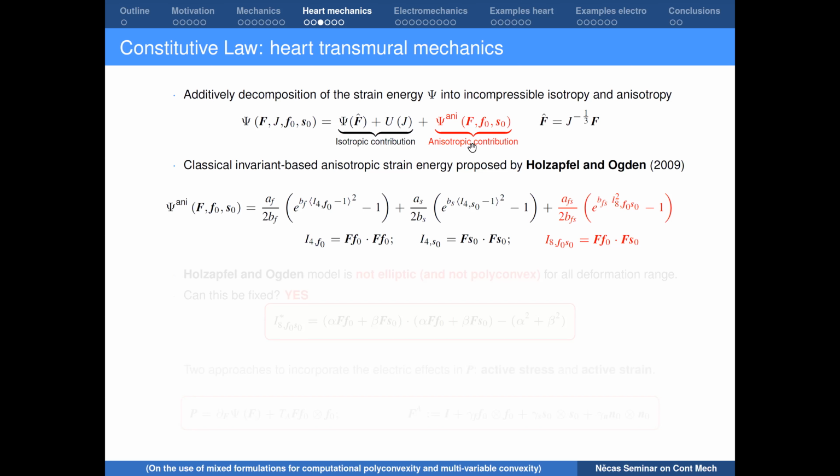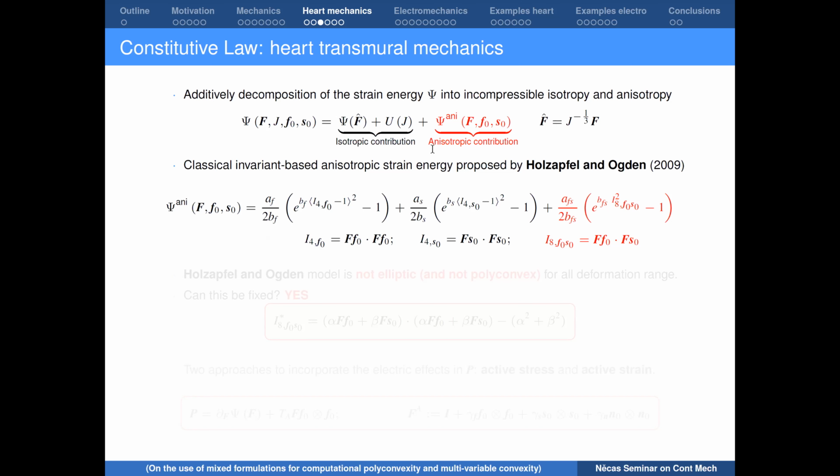And then there is an anisotropic contribution, which depends on F, not on F hat, but only on F, and also on F0 and S0. F0 and S0 represent two of the directions of anisotropy that we are going to consider, which will be orthogonal in the original configuration. We don't need to consider the third, because the third is orthogonal to the other two, and then you can get one in terms of the other two.